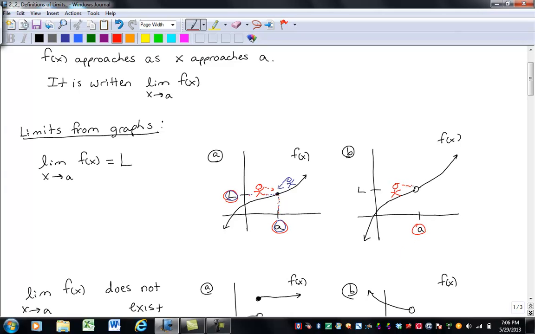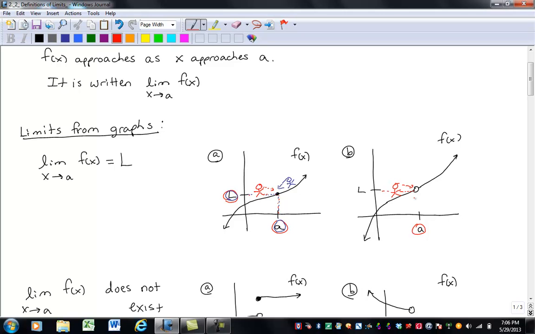If I look there, it looks like the graph is going to be at the y value L. In reality, there is no y value. That's really a hole in real life. But it looks like I'll be at L if I keep walking. Now, I don't realize it, but when I get there, my foot is going to go through the hole. But I don't see it. All I'm doing is looking at the path.